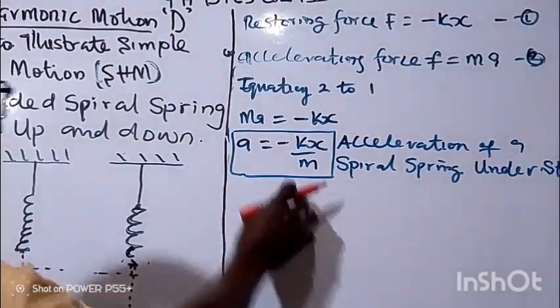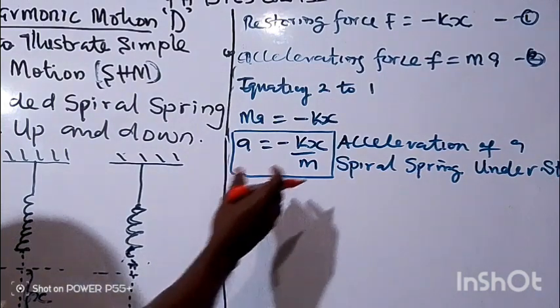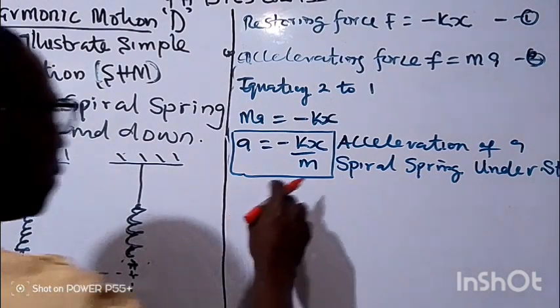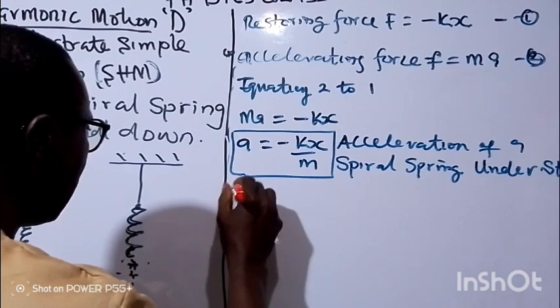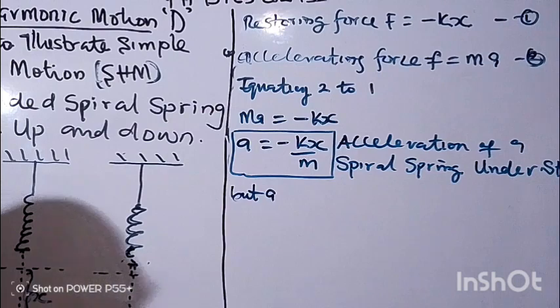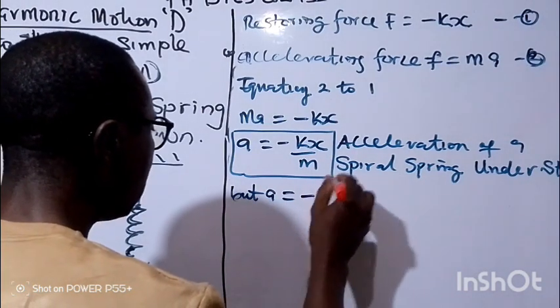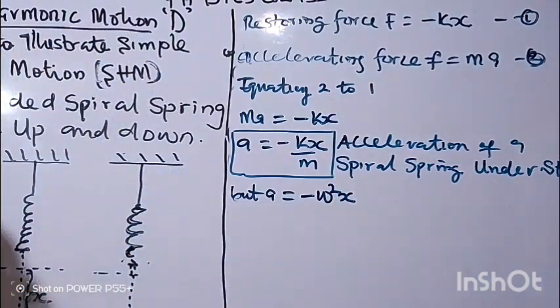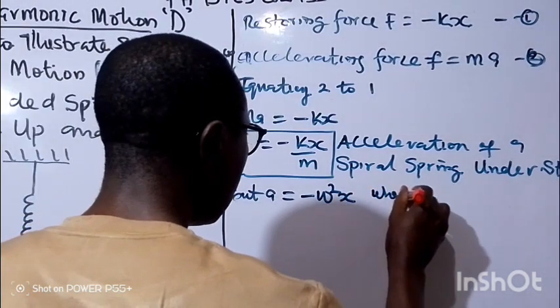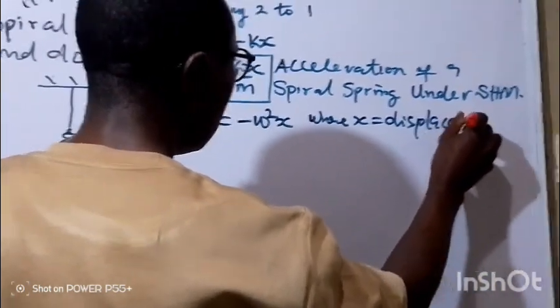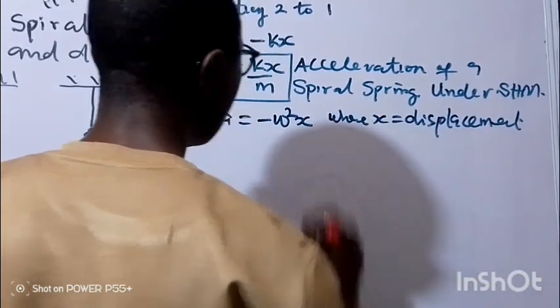Now, from what is on the board, don't forget we said this one is the acceleration of a spiral spring under simple harmonic motion. This a, from the general formula of simple harmonic motion which we have done before, is equal to minus omega squared S, where S is displacement from the equilibrium position.